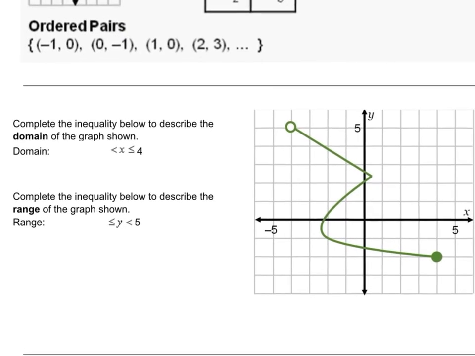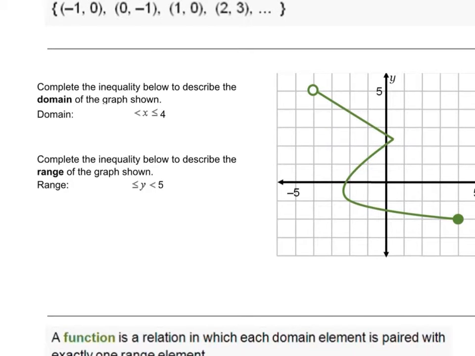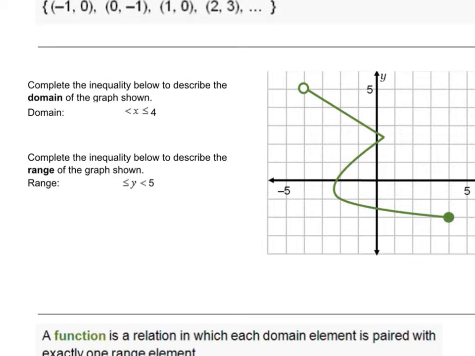Okay, let's take a look at this graph. Now, I'm not saying that this is a function, but it says complete the inequality below to describe the domain of the graph shown. So if it wants me to show the domain, I'm asking the question, where do I have x values? Where do I start?